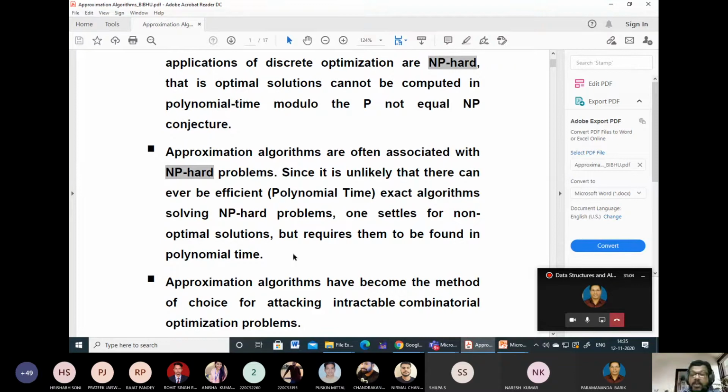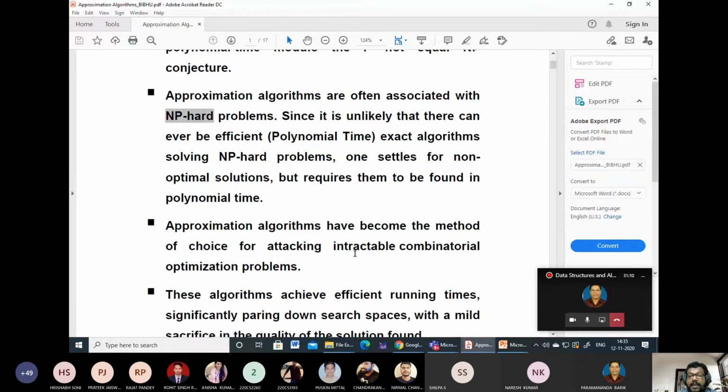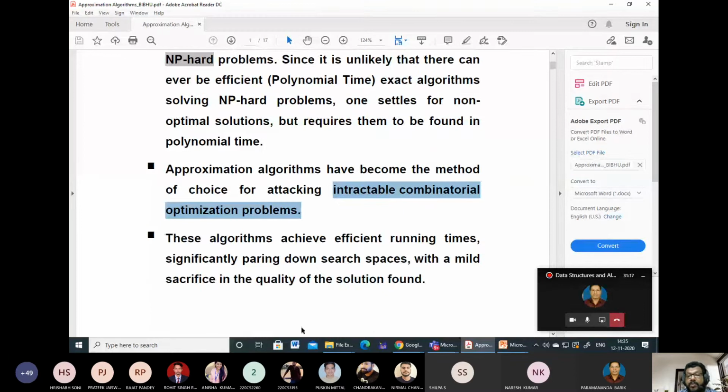So approximation algorithms have become the method of choice for attacking intractable combinatorial problems, and in general intractable combinatorial problems are NP-hard problems. If you look into the running time and the size of the search space that is to be sacrificed, that reduces the quality.